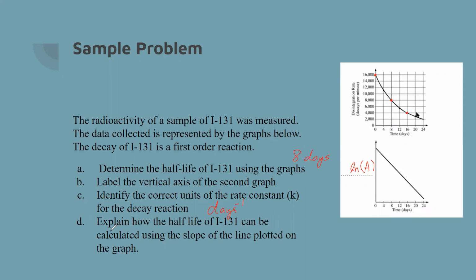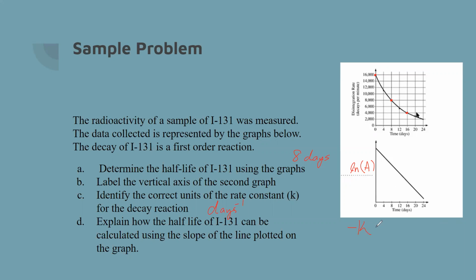Finally, explain how the half-life of iodine 131 can be calculated using the slope of the line plotted on the graph. If we are calculating the half-life, we know that the slope of that line in a first order reaction is equivalent to negative K, because that's what this graph is telling you.